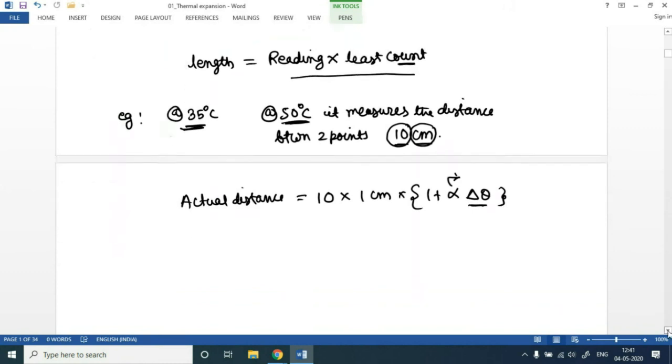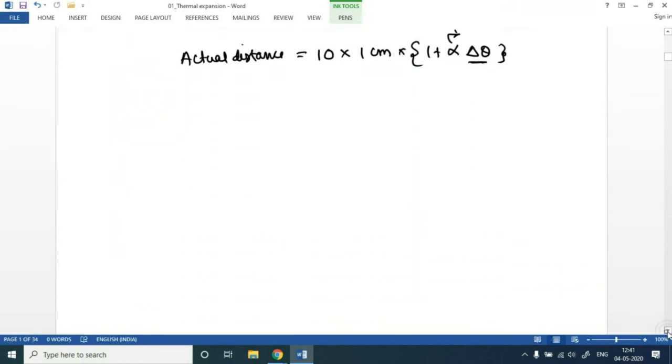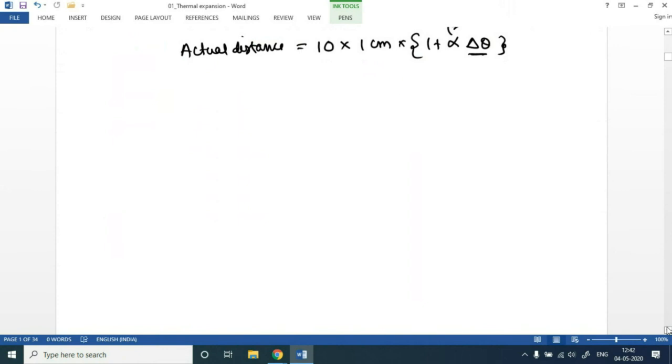Let's have another situation where an error can occur: error in measurement of time using a simple pendulum.